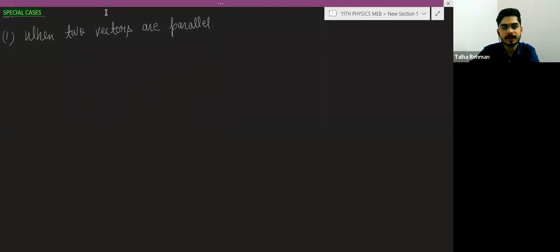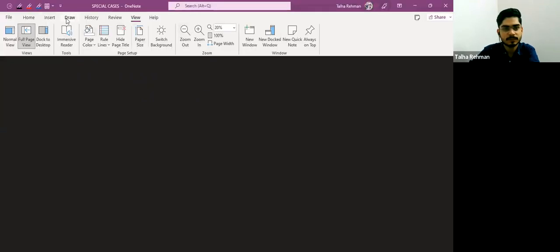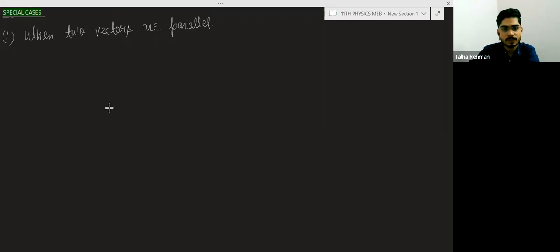When two vectors are parallel, parallel means two vectors are like this. One vector is this, and another vector is this.